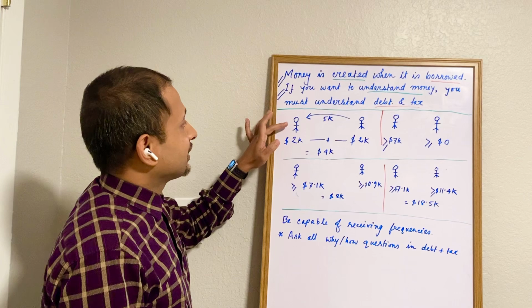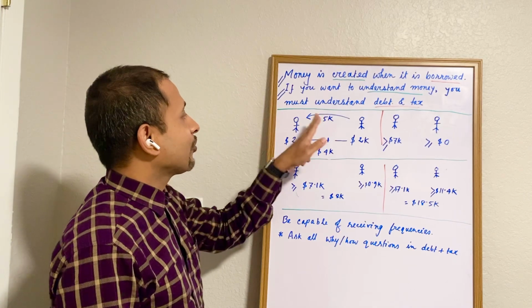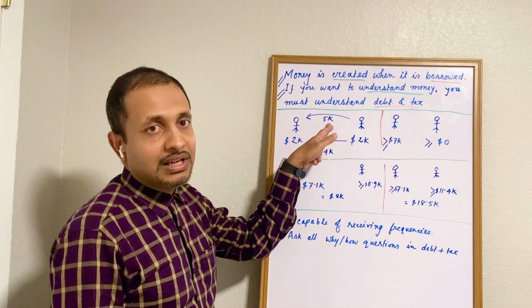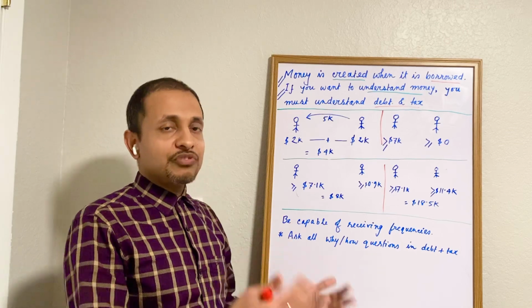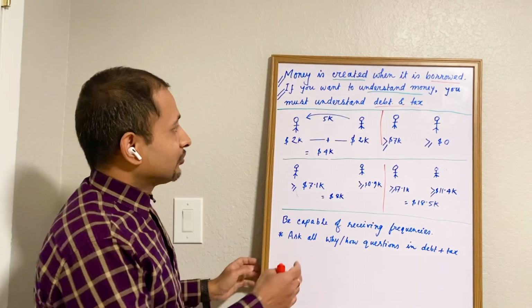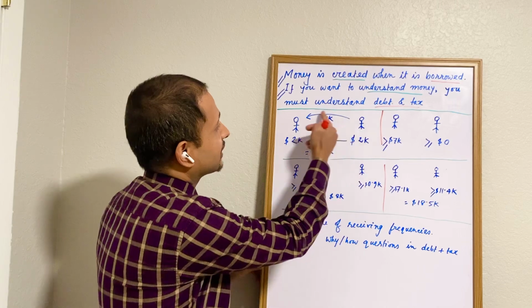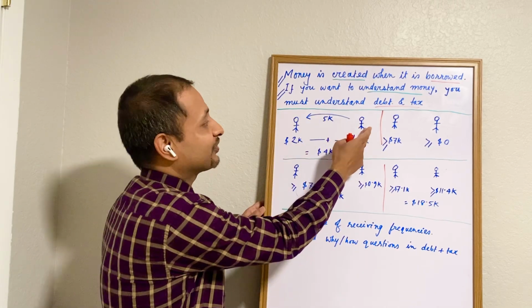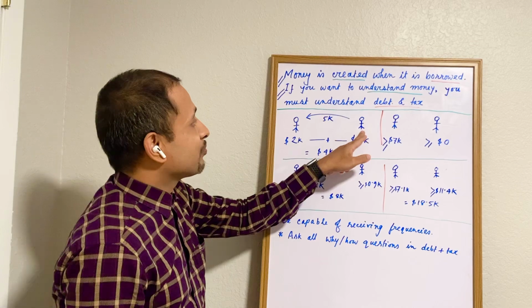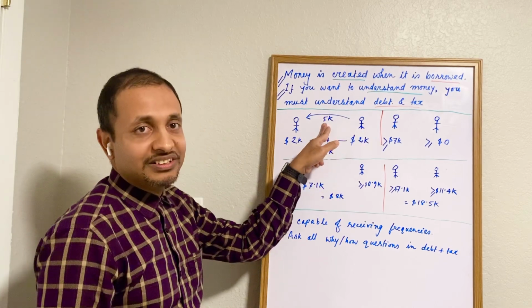So he thinks, I will borrow $5,000 and run my business and make profit from it. Since this city has only two people, he goes to this person and borrows $5,000.